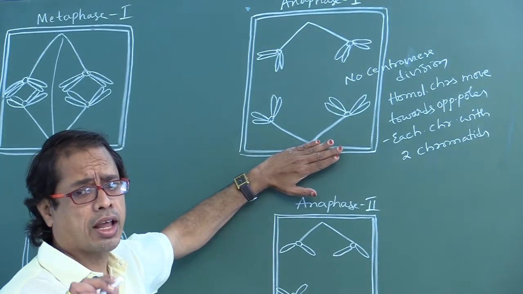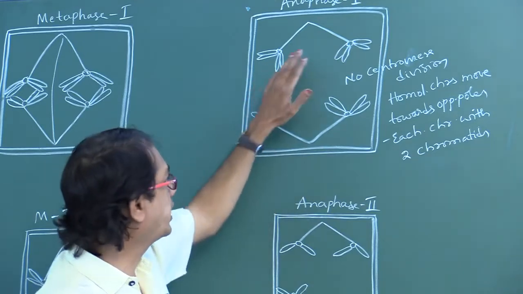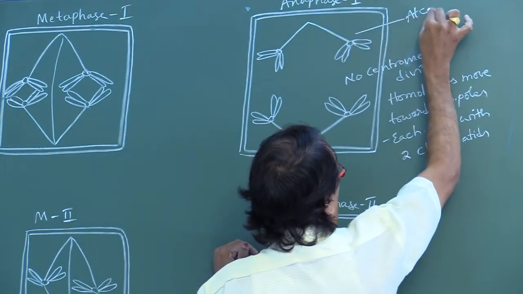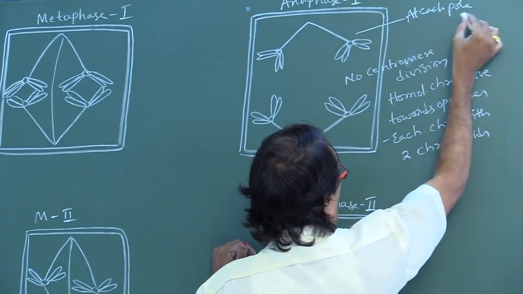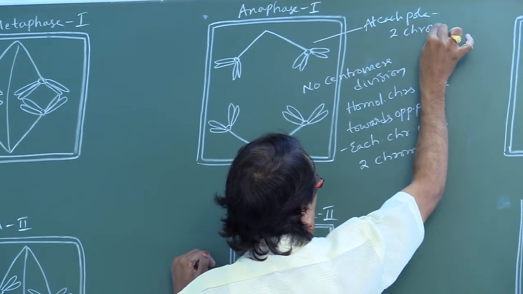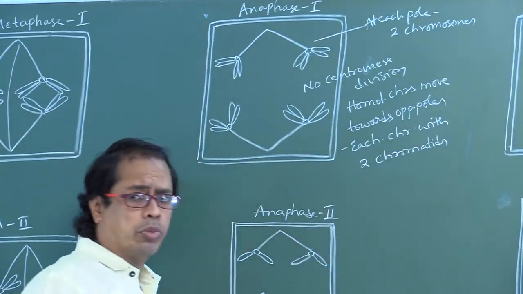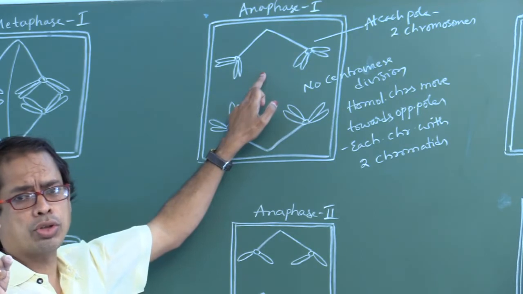So in anaphase 1, the number of chromosomes is 4. At each pole, the number of chromosomes is 2 chromosomes. Number of chromosomes at each pole in anaphase 1, 2 chromosomes.